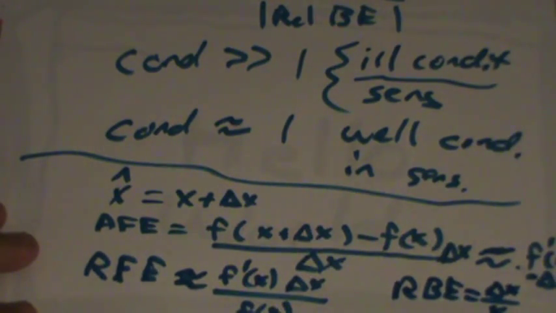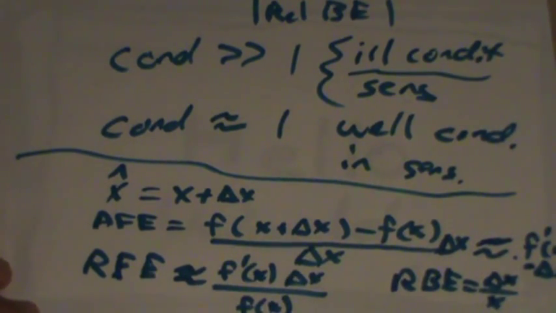So when I divide one by the other, delta x is on the top of both, so it cancels. And this one will flip up because it's division, so I end up with f prime of x times x over f of x. And that is equal to my condition number.